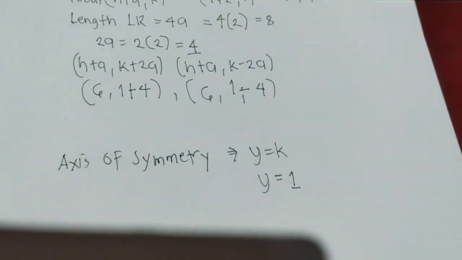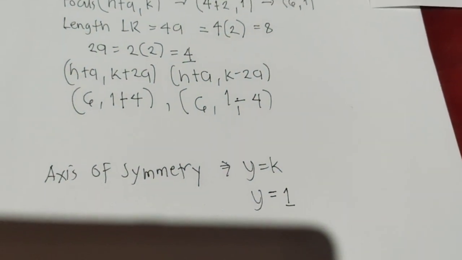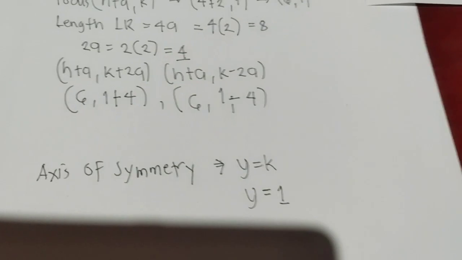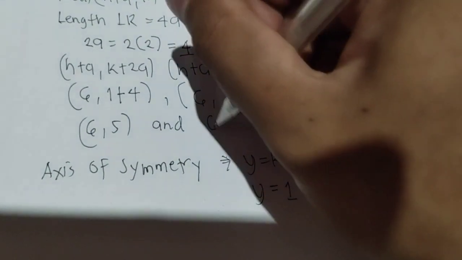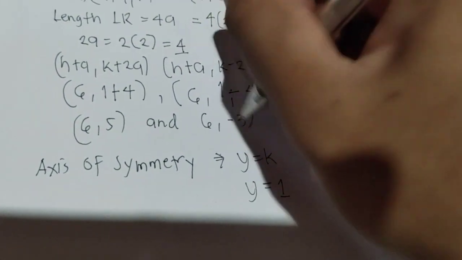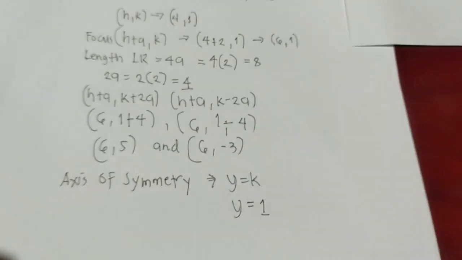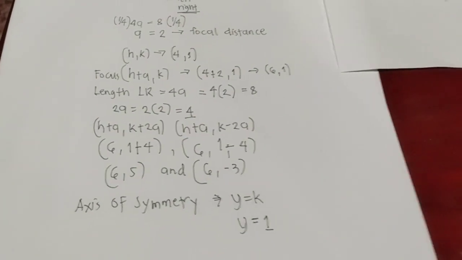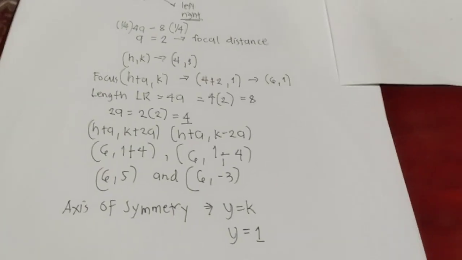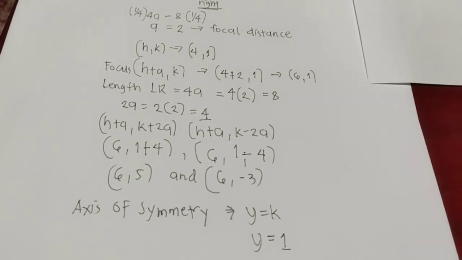So the endpoints of the latus rectum of the parabola are (6, 5) and (6, -3). So the focus is (6, 1) with a focal distance of 2.